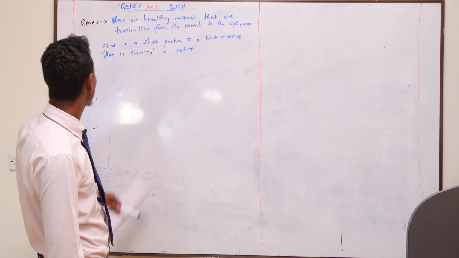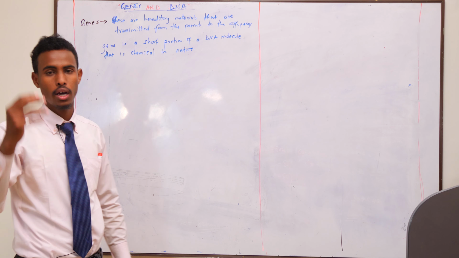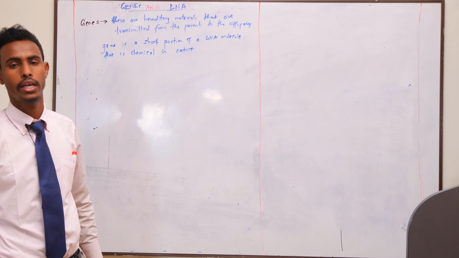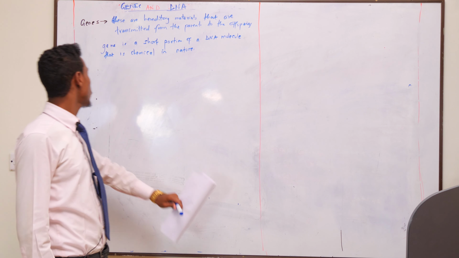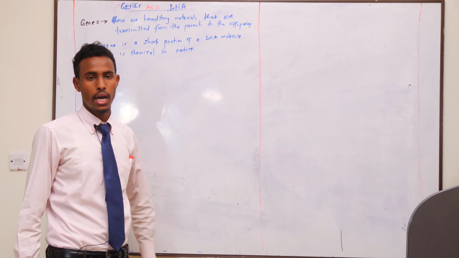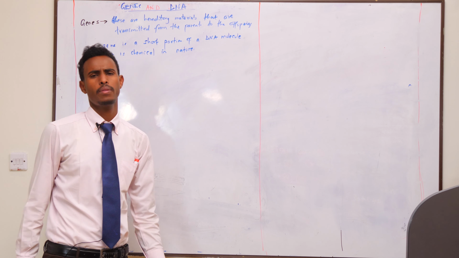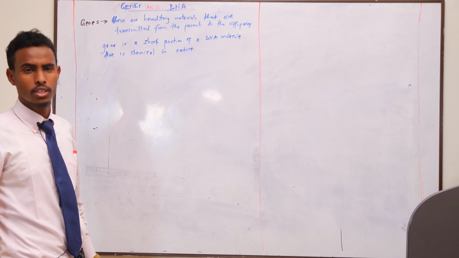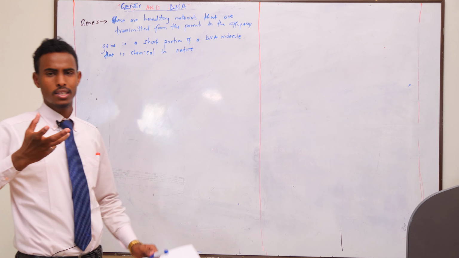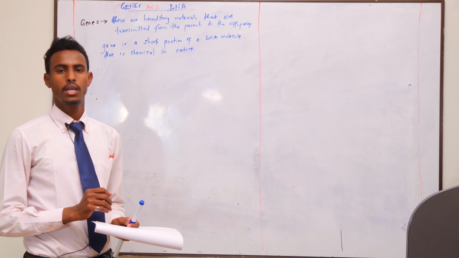Now, let's look at the difference between a gene and a DNA. What is a gene and what is a DNA? Very good. Now, class, we said the genes are hereditary materials, right? And we said a gene is a short portion of a DNA molecule. I want to emphasize that the DNA and the gene are distinguishable.